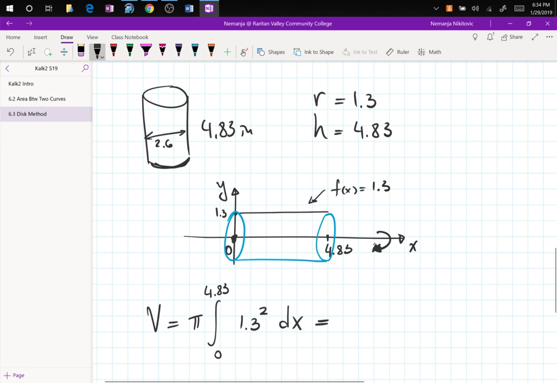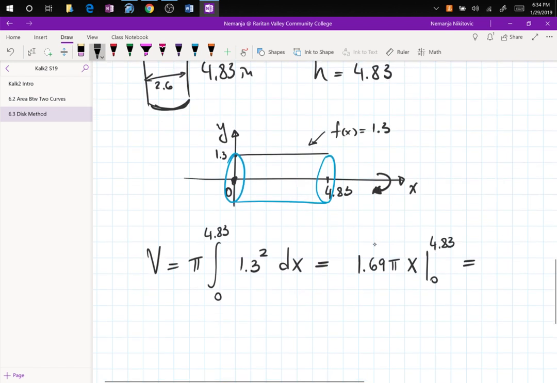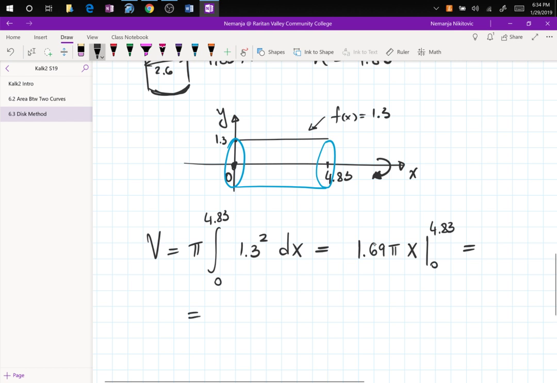So now I have this. All I need to do is to integrate this. I have 1.3 squared, that's going to be 1.69. So 1.69 pi x when I integrate, computed from 0 to 4.83. And then we have 1.69 pi times 4.83 for the total.